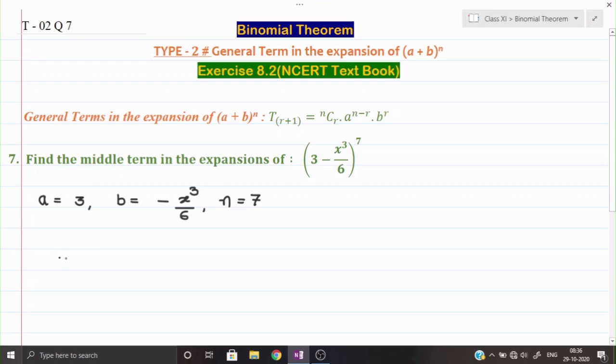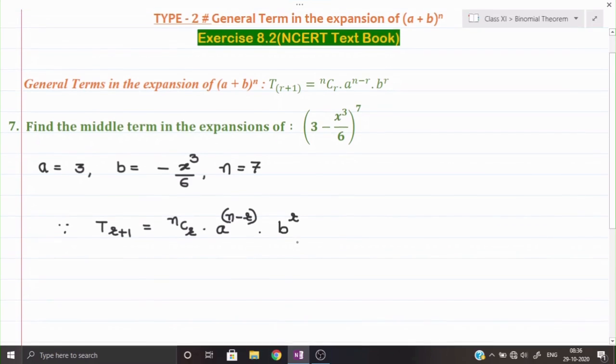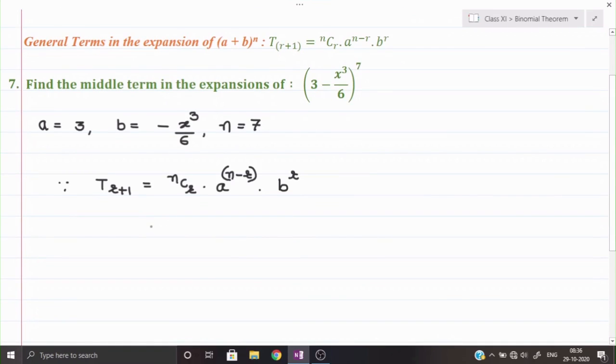Now we shall apply the formula of T(r+1). The T(r+1) formula is nCr into a^(n-r) into b^r. Let us apply the formula. First, putting the value of n, we get 7Cr into a, the value of a is 3, whole power 7 minus r, into b, that is minus x³/6 whole power r.